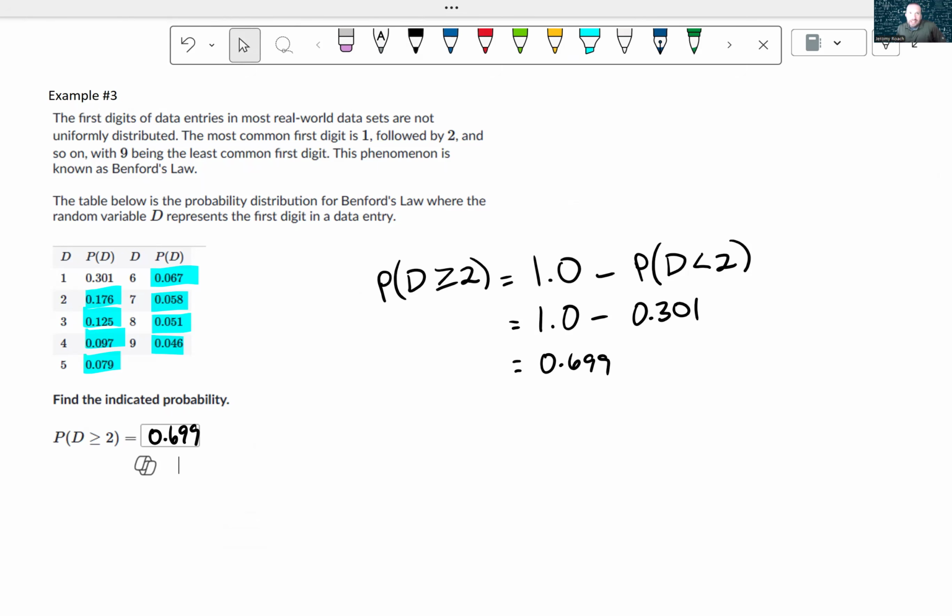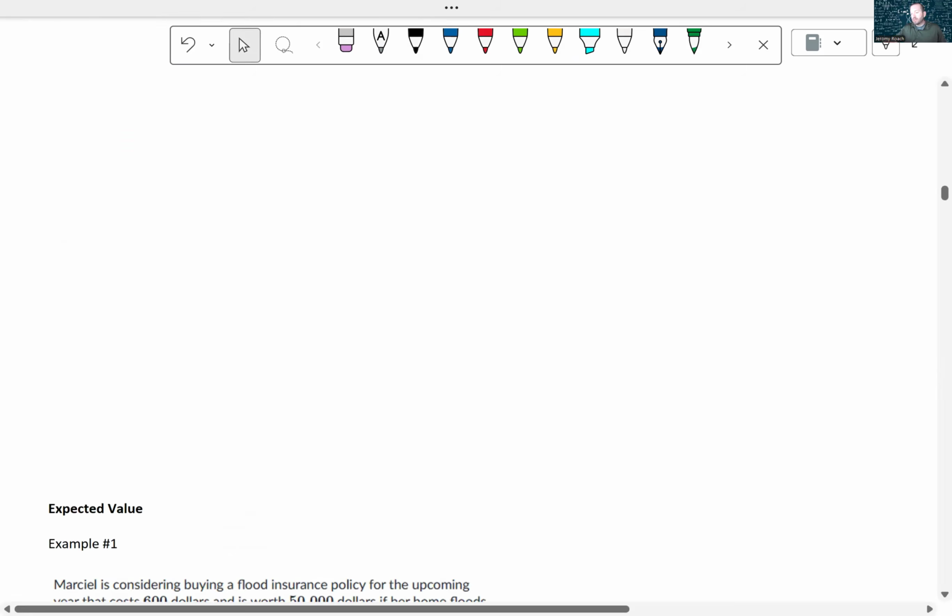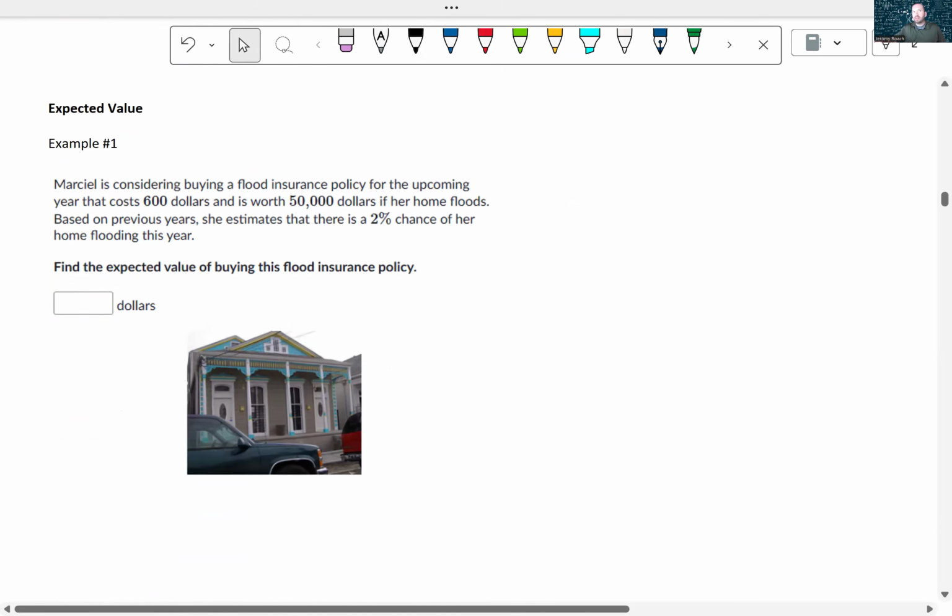All right, next we're going to get into a topic called expected value. The expected value is the average value of a random variable after multiple trials. You can calculate it by multiplying each possible value by its probability, which is how often something occurs, and then adding those results.